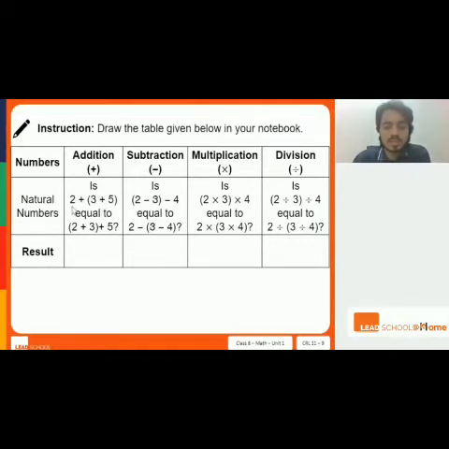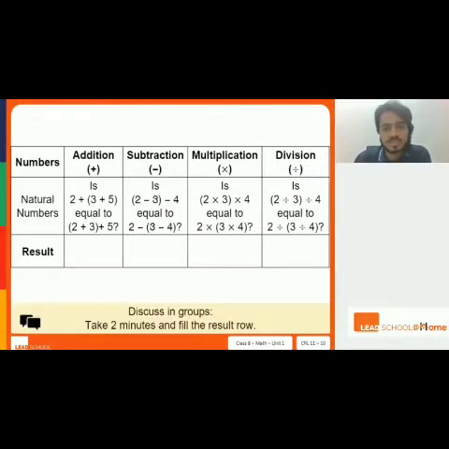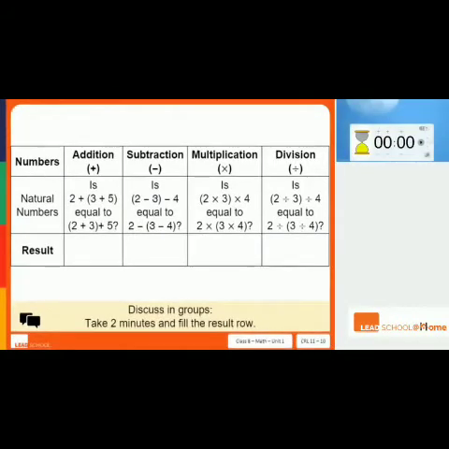We will calculate the result of the first expression and the second expression and see if the result is same for both cases. We will do it for each operation. So now you have 2 more minutes to fill the result of each operation in this table. And your time starts now.